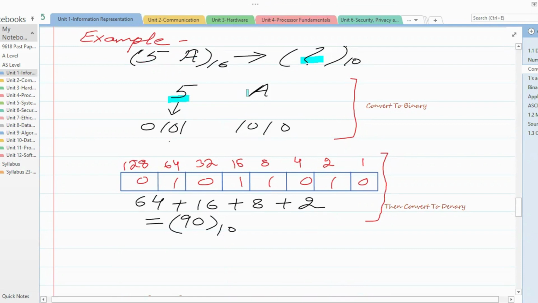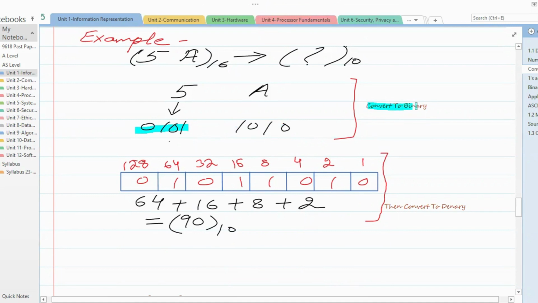So 5A, firstly we'll convert to binary. For A, which is 10, the equivalent binary is 1010. You can use the reference conversion table that I showed you in the video about number systems, right? So A is 1010 in binary, and 5 is 0101 in binary.